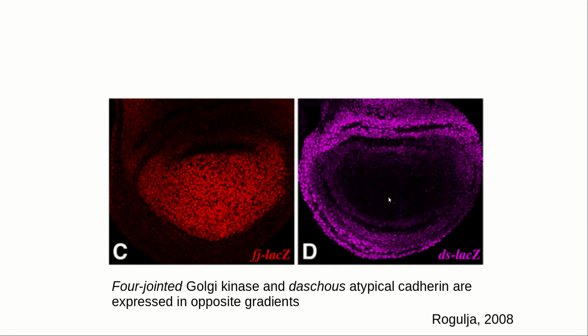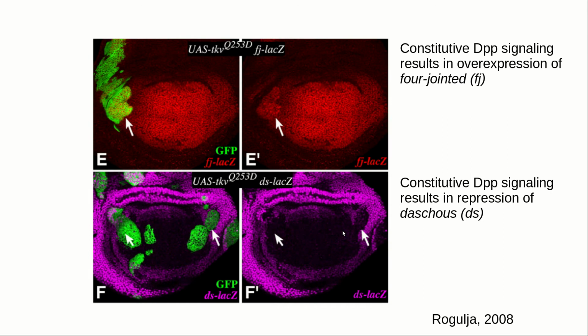And this orientation depends on a gradient of Four-jointed and Dachsous. Four-jointed is expressed mostly in the central part of the wing disc, and Dachsous is expressed mostly in the periphery of the disc. So there is a reciprocal gradient, and both of them are regulated by Dpp.